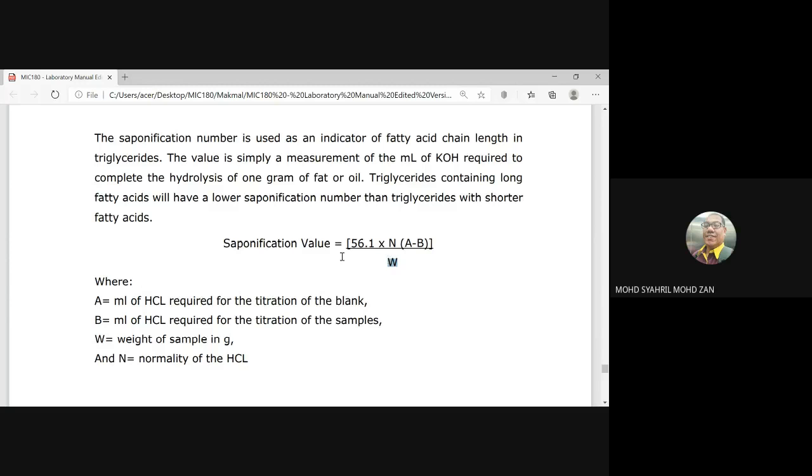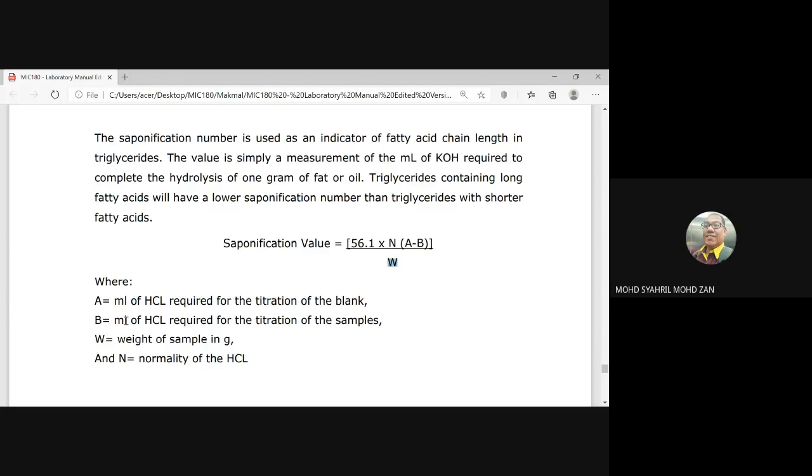So what are N, A, B, and W? Quickly refer to the below here. A is the milliliters of HCl that we use to titrate the blank, a blank without any samples. Whereas B is the milliliters of acid, hydrochloric acid, required for titration of the samples.